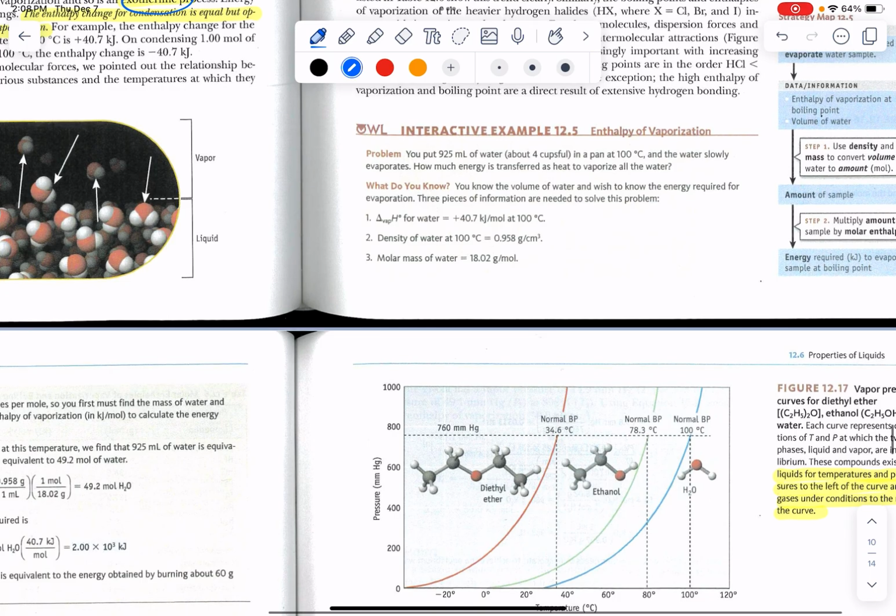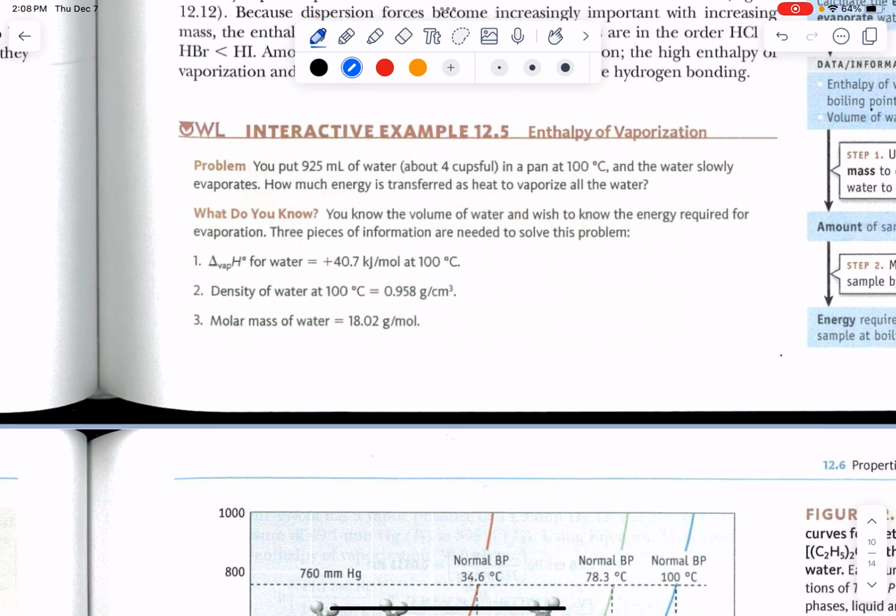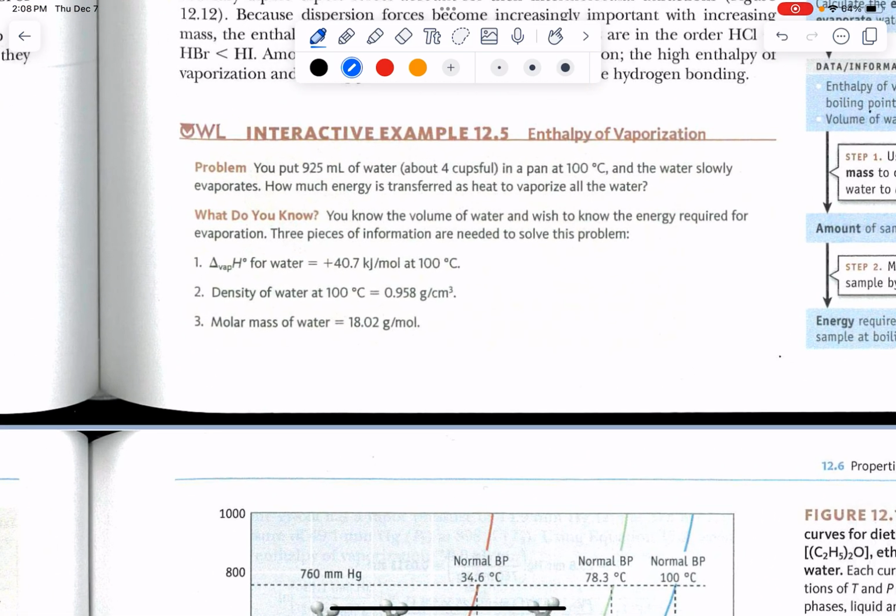All right, let's take a look at this problem right here real quickly. If we put 925 milliliters of water, almost a liter of water, in a pan at 100 degrees Celsius, and the water slowly evaporates, how much energy is transferred as heat to vaporize all of that water?